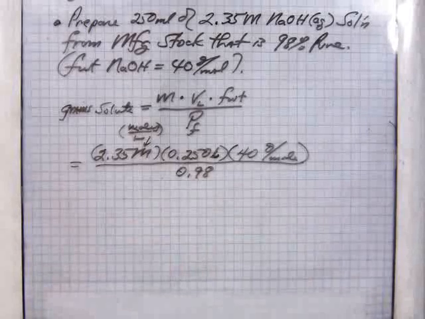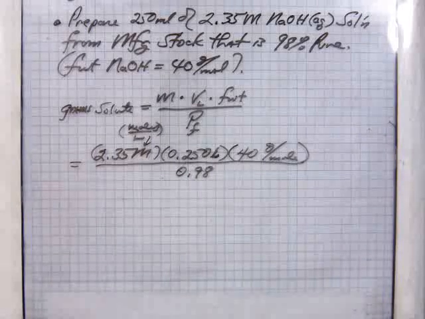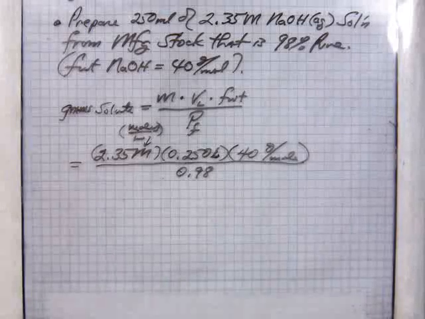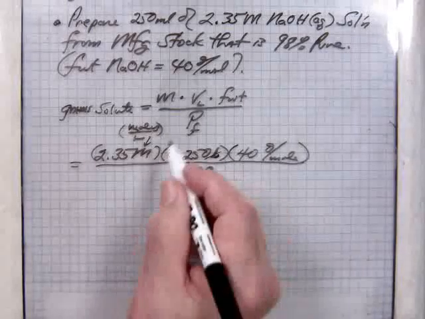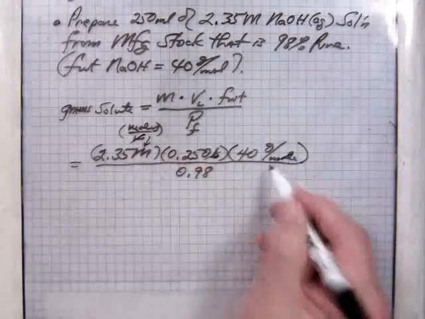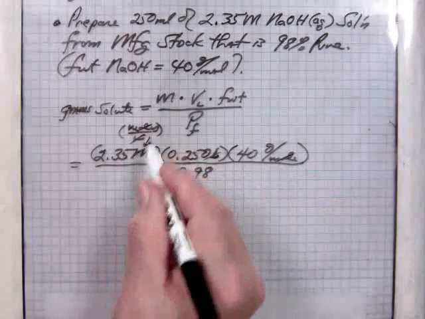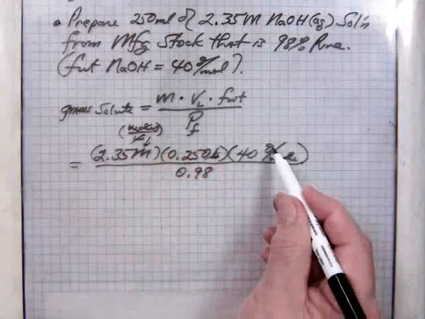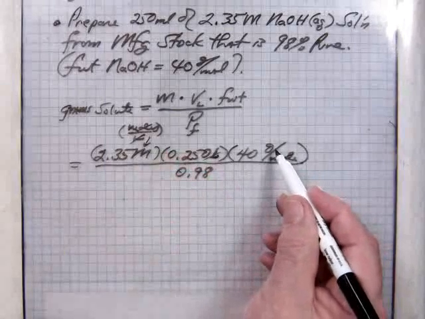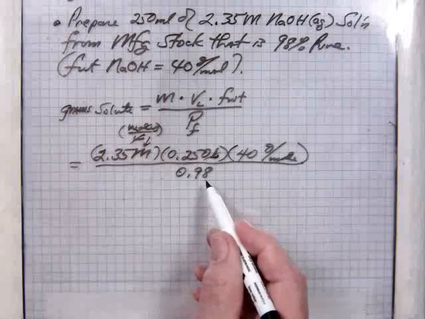If it's 100% pure, like a substance called potassium hydrogen phthalate, you divide by 1. So you can see where the liters will drop out, the moles drop out of the term molarity, and you're left only in grams of substance.